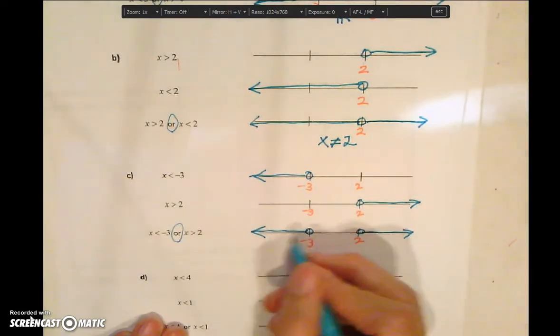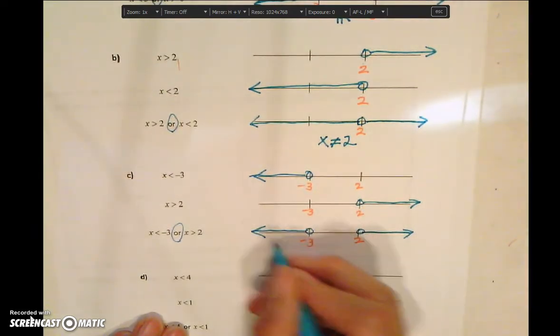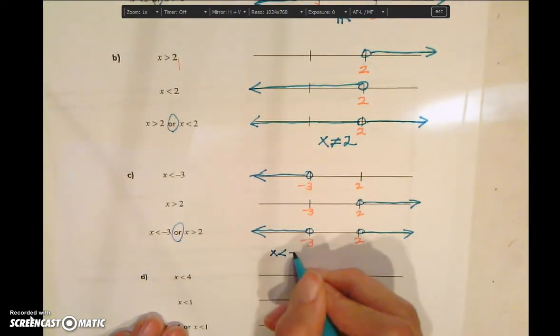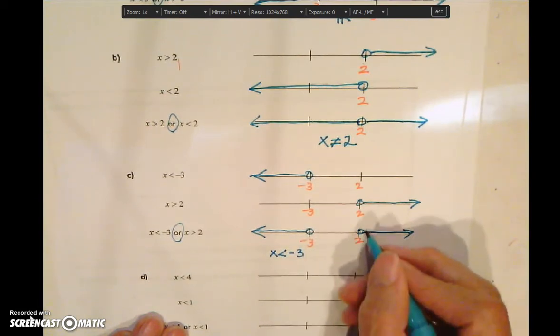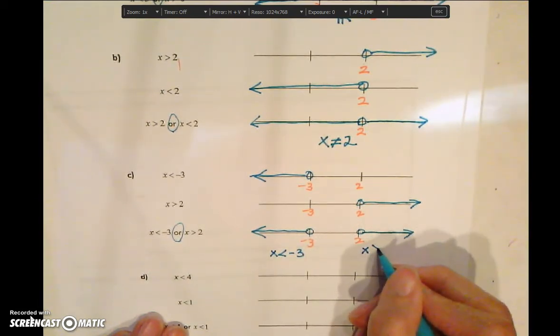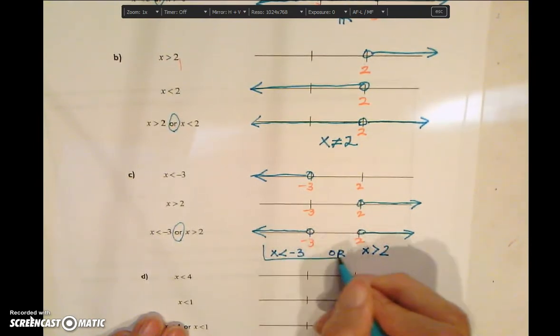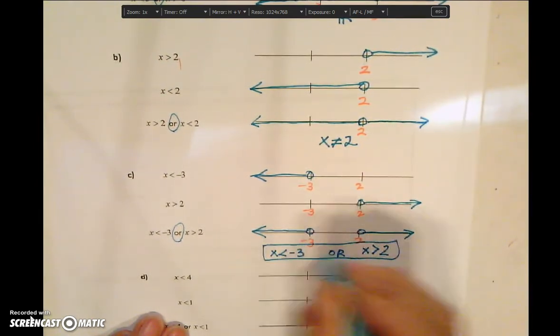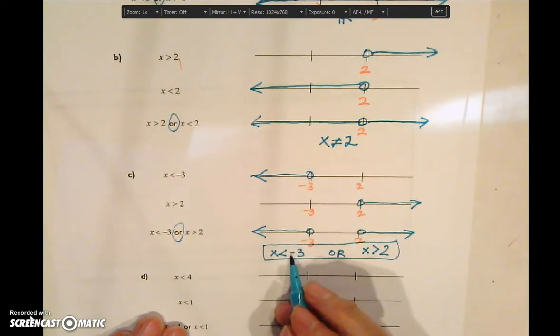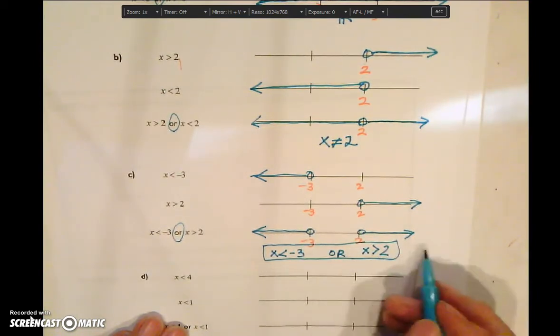So when I write my solution, describing this section, I have x is less than negative 3. And describing this section, I have x is greater than 2. And I'll put an or in the middle.